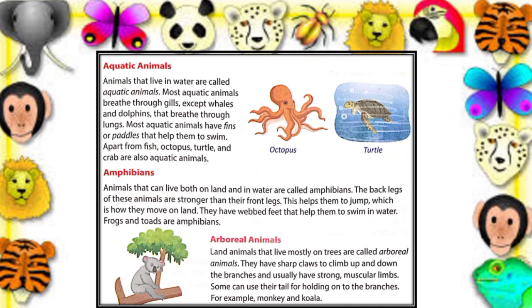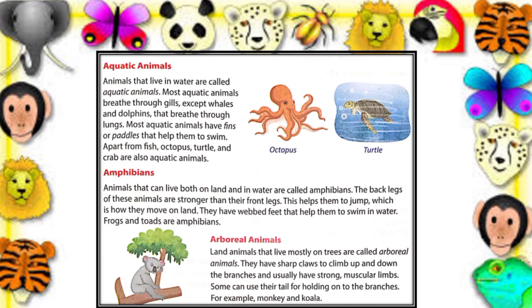Now let's understand about aquatic animals. So they are those animals that live underwater. They live in water. They either live in fresh water such as lakes, rivers and ponds, or in salty water like the ocean. And most people only think of fish when asked about aquatic animals.